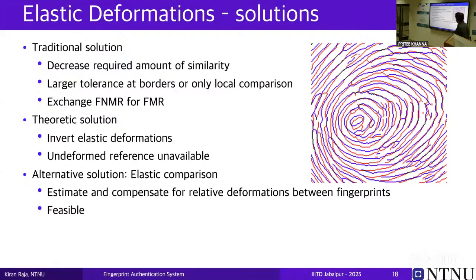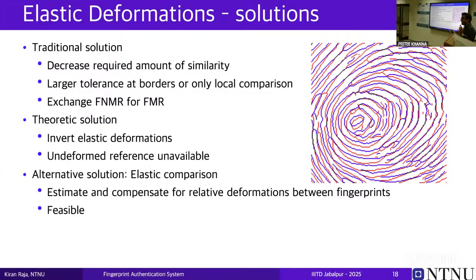So if I ask you whether these two fingerprints are the same, you would probably say no, right? This is the same problem that will happen with the automated system. One way to deal with this is that you can say, I don't want 100% match, I can live with a 30% match. But if you decrease the threshold of matching, then you are also going to accept a lot of people who are not actually the right person, right?